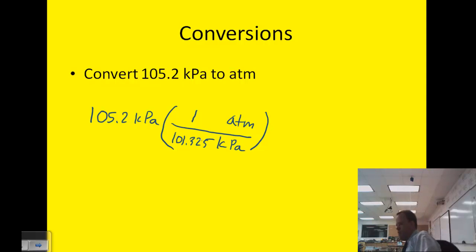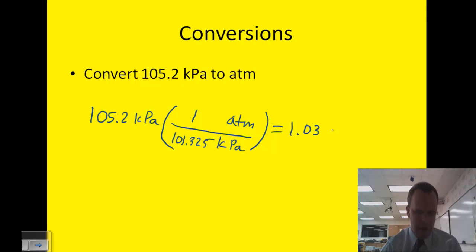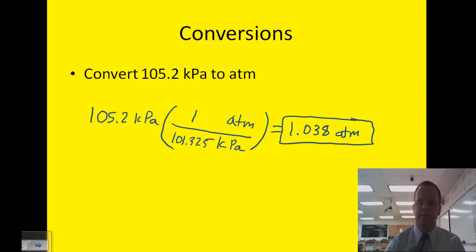We're going to divide 105.2 by 101.325, and we get 1.03824, and we're going to keep 4 significant figures just like we started with. So 1.038 atmospheres.